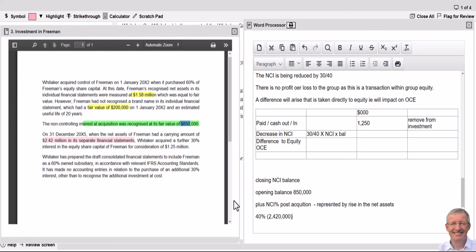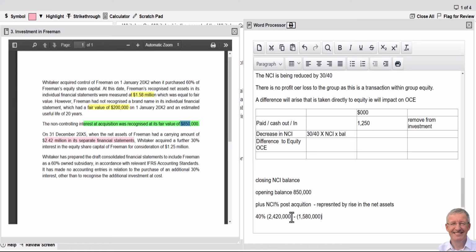And then we can deduct from that the net assets that we have at the beginning, which is 1,580,000. But that in itself would still be incorrect, because the net assets at the beginning need to take into account the fair value of the brand.